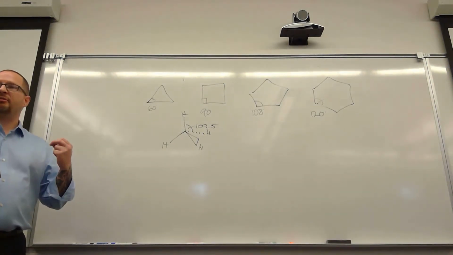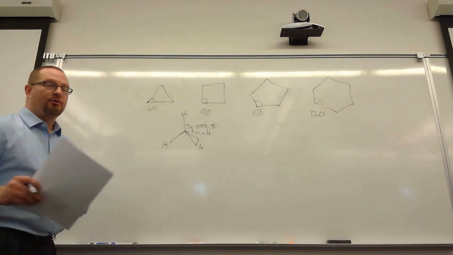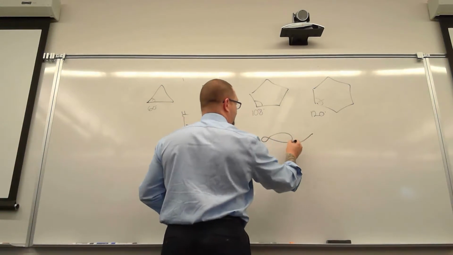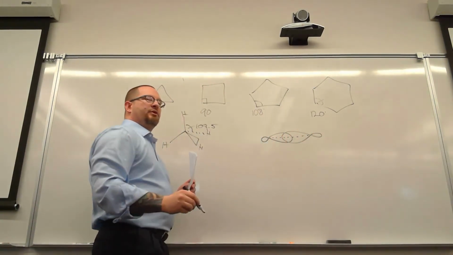Because for sigma bonds to share electrons linearly across the nuclei, the orbitals need to be aligned linearly.